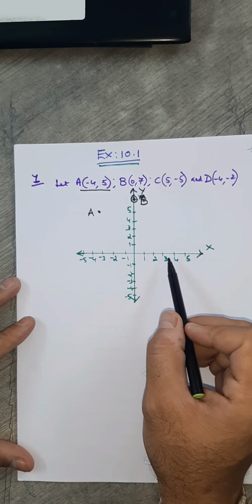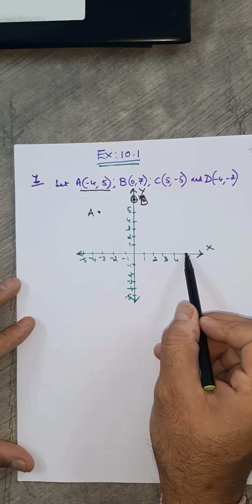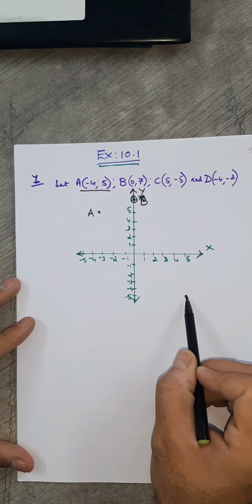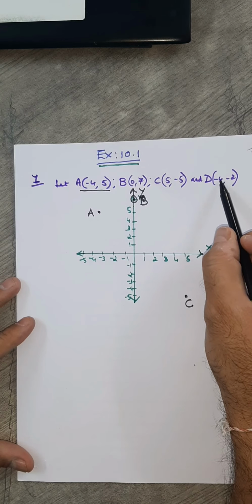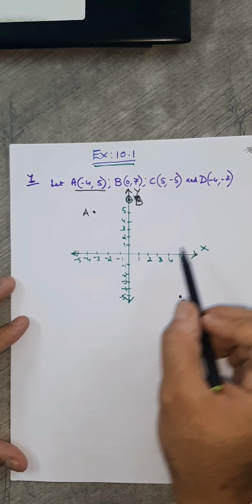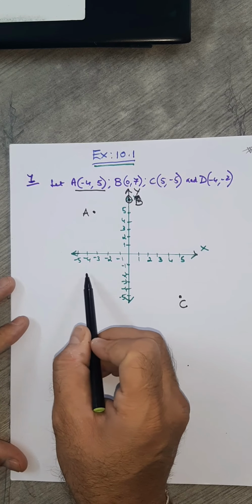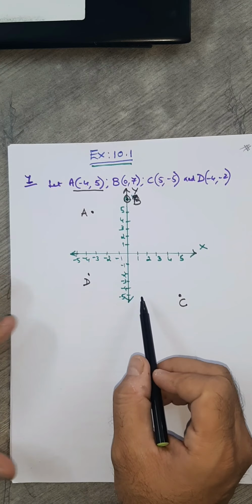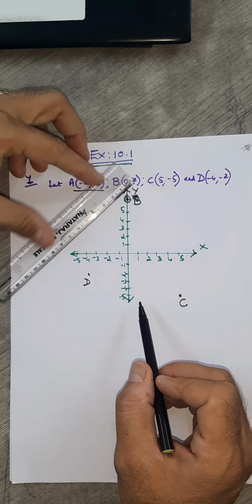C, 5, -5. So 5 from x-axis and -5 from y-axis. So C is somewhere here. And this will be obviously in the fourth quadrant, -4, -2. So -4 from here and -2 from here. This is point D. So we have these 4 points. I'll join this. So I'll get the quadrilateral.